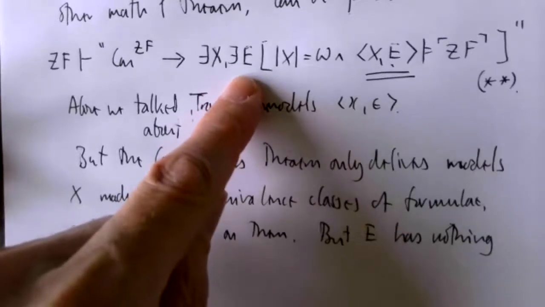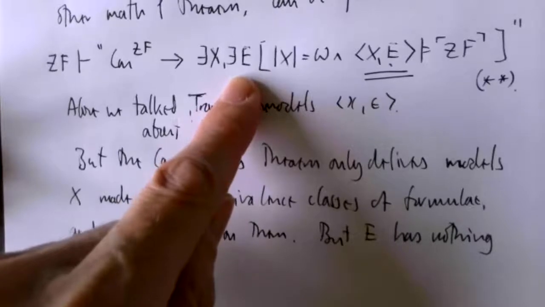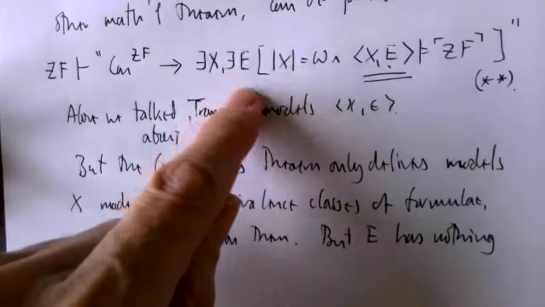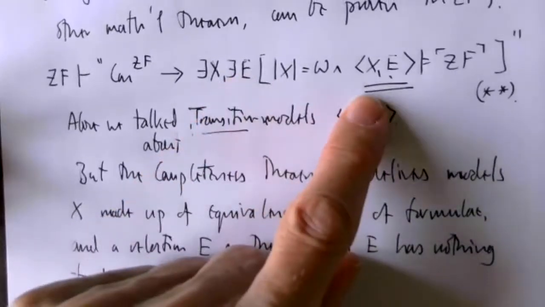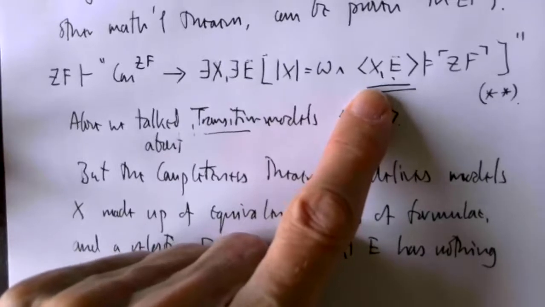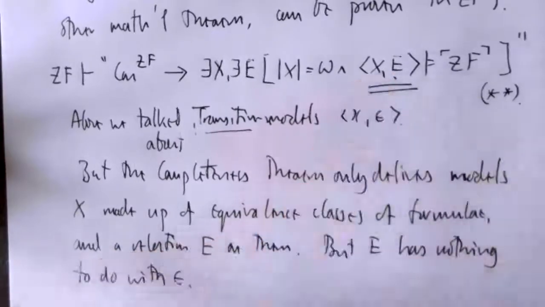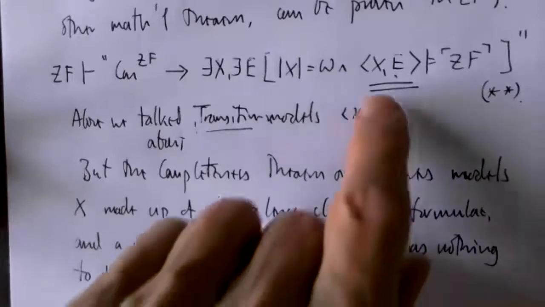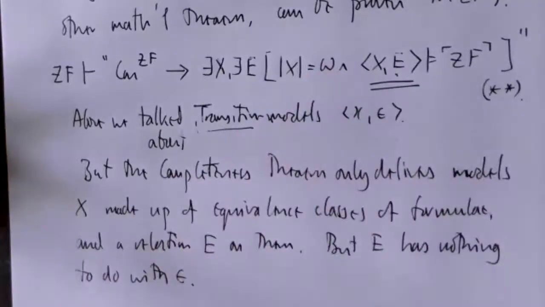And indeed, you can show, as some of the exercises give us, that the structure provided by the Gödel completeness theorem is, in many cases, of necessity ill-founded. So this E will have descending chains of equivalence classes going through it.